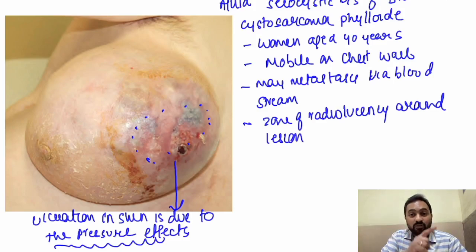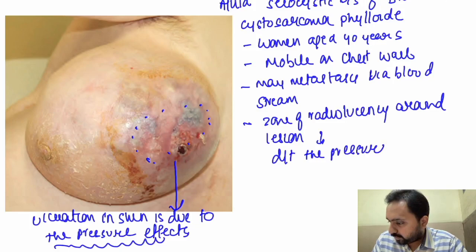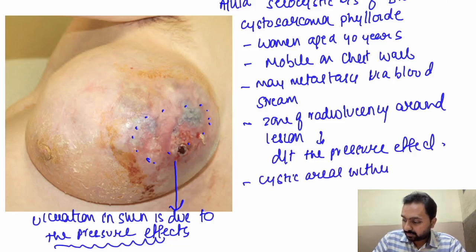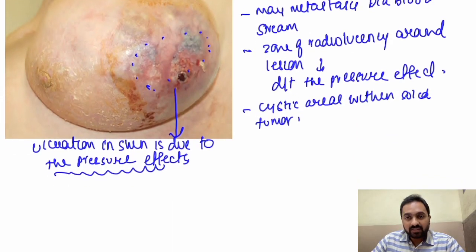Why did this zone of radiolucency occur? It occurs due to the pressure effect. And also you find that there are a lot of cystic areas within the solid tumor.